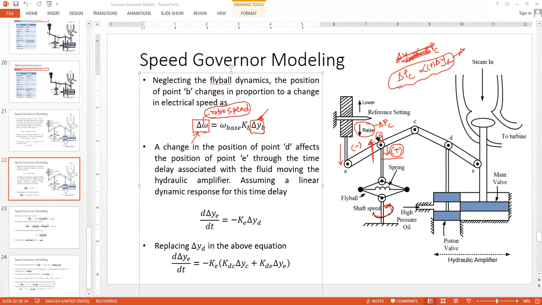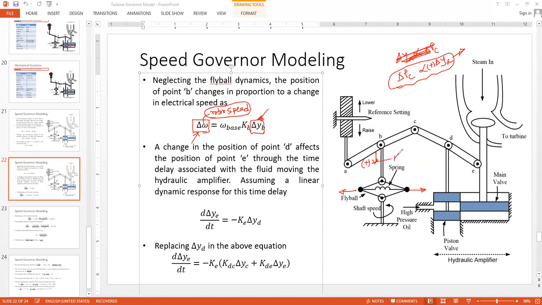Now, for any change in point B, if a shaft speed increase is sensed, that means a positive change in del omega, positive del YB. Why positive? Because if the shaft speed increases, these two points will move apart from each other and point B will go down, and that downward movement is positive.